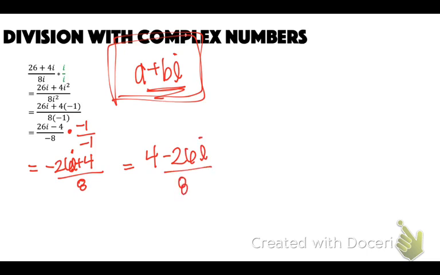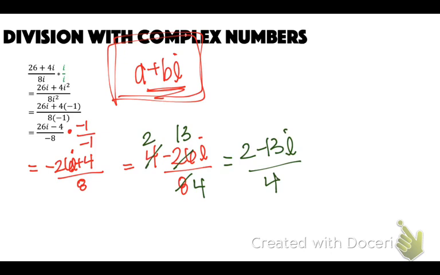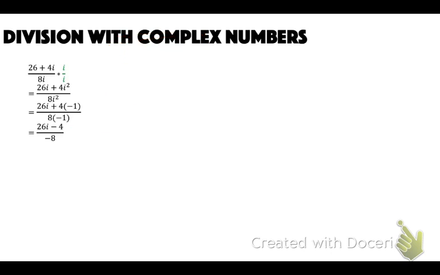And then we want to simplify this. So 2 goes into all of that. 2 goes into that twice. 2 goes into that 13 times. And 2 goes into that 4 times. So this would be the same as 2 minus 13i over 4. Cool?